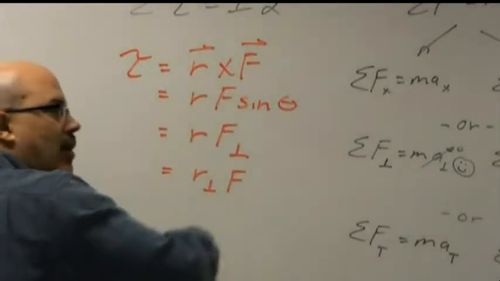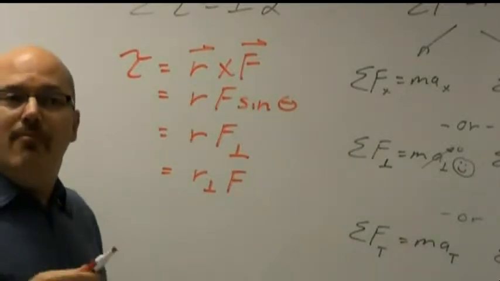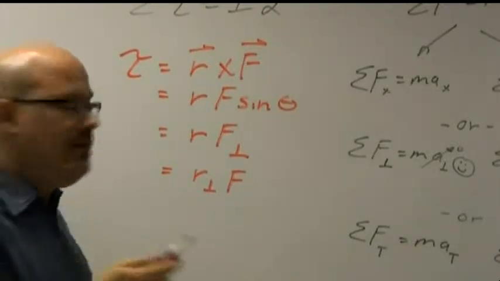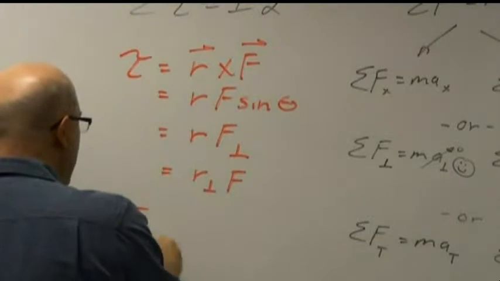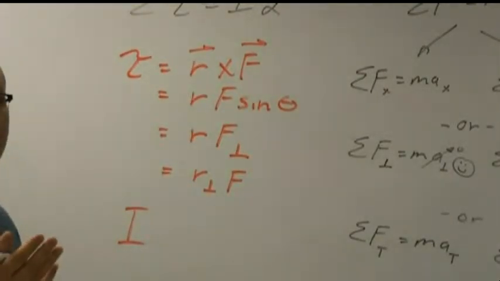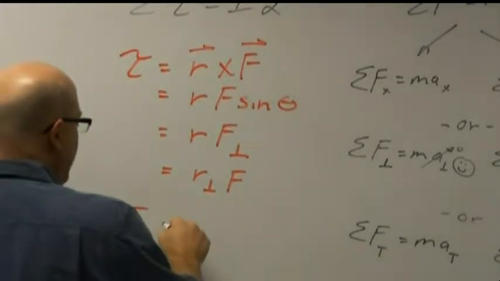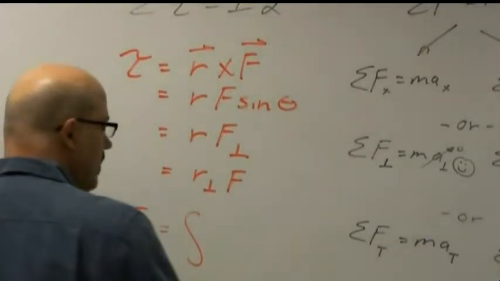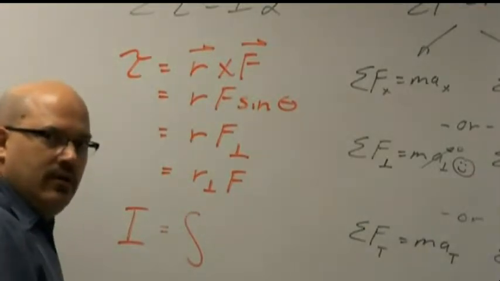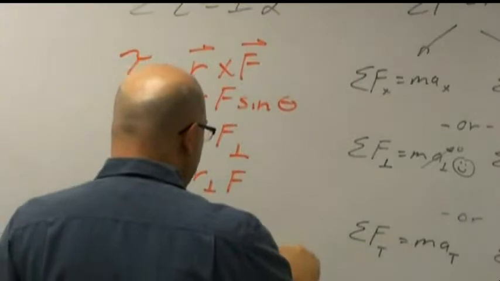So where the force is located makes a huge, huge difference. And then where the mass is located on the object makes a huge difference for our rotational mass, or rotational inertia, or what they call moment of inertia, okay, which is the integral of r squared dm.